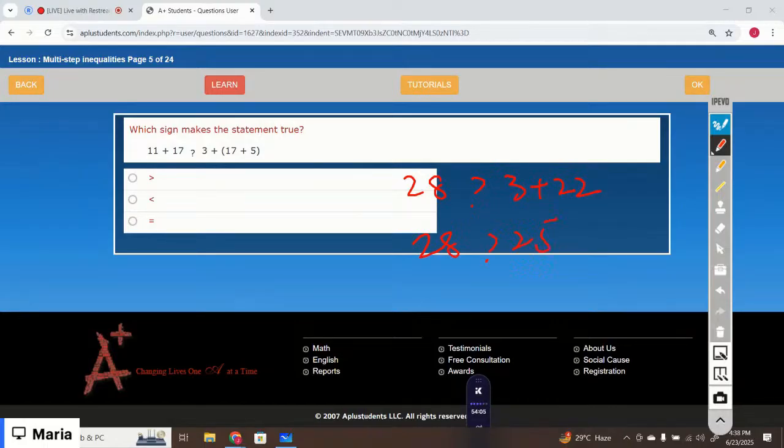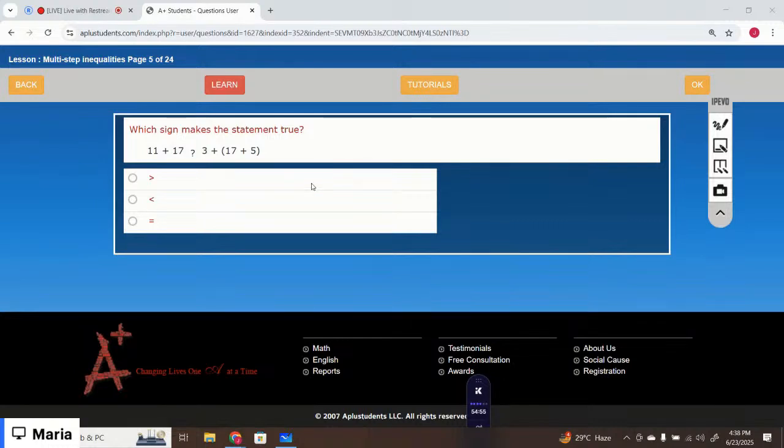So 28 and 25: is 28 greater than or less than 25? 28 is greater than 25. Option number one is the correct option.